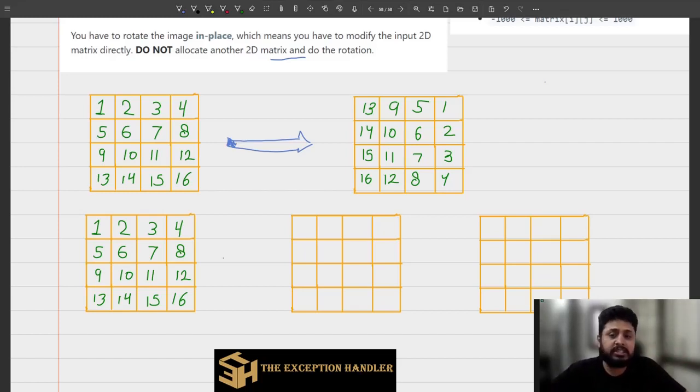Now let's say that this is my original matrix and I just do a transpose of this matrix. So by transposing this matrix, what I would get is just my rows would be converted into columns and columns would be converted into rows. So it would be 1, 5, 9, 13.